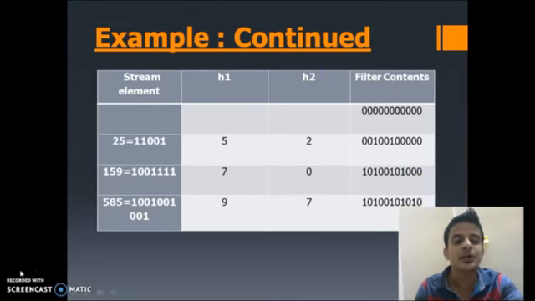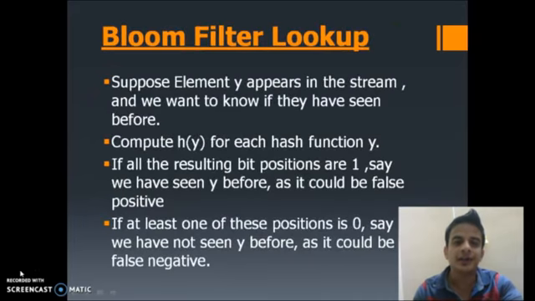The next value to arrive is 585. Here the odd positions are 0, 1, 0, 0, 1, which is 9 in decimal, and 9 modulo 11 is 9. The even positions are 1, 0, 1, 0, which is 10 in decimal, and 10 modulo 11 is 10. So here we set the corresponding positions to 1. Position 7 was already changed to 1 in the filter content.